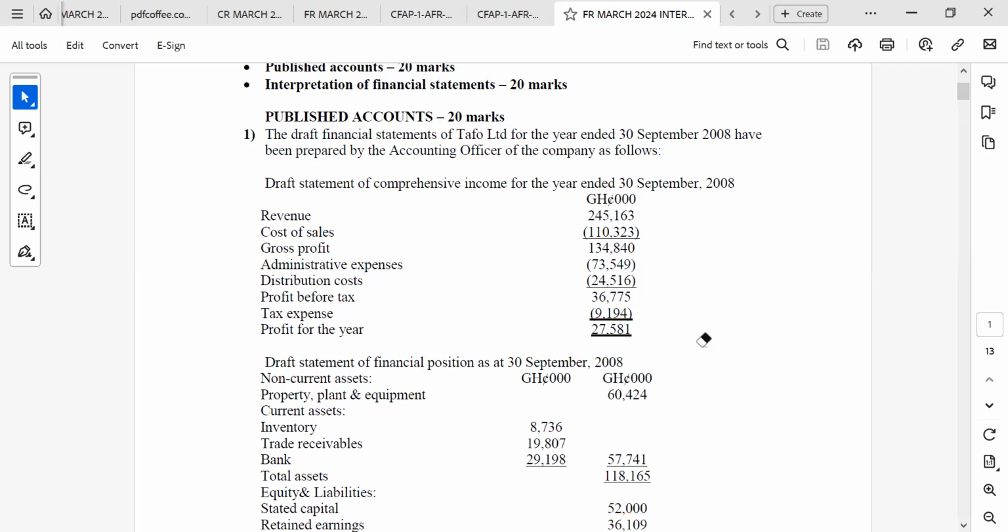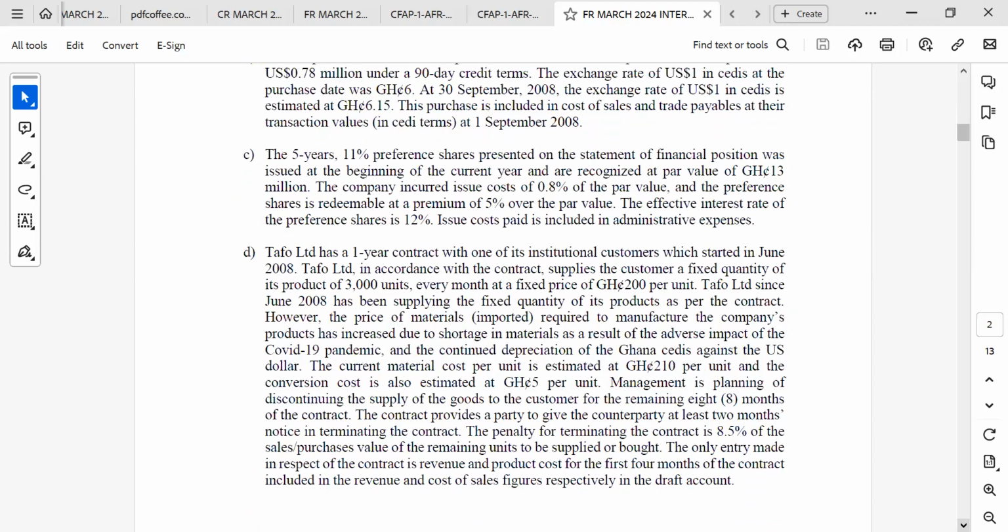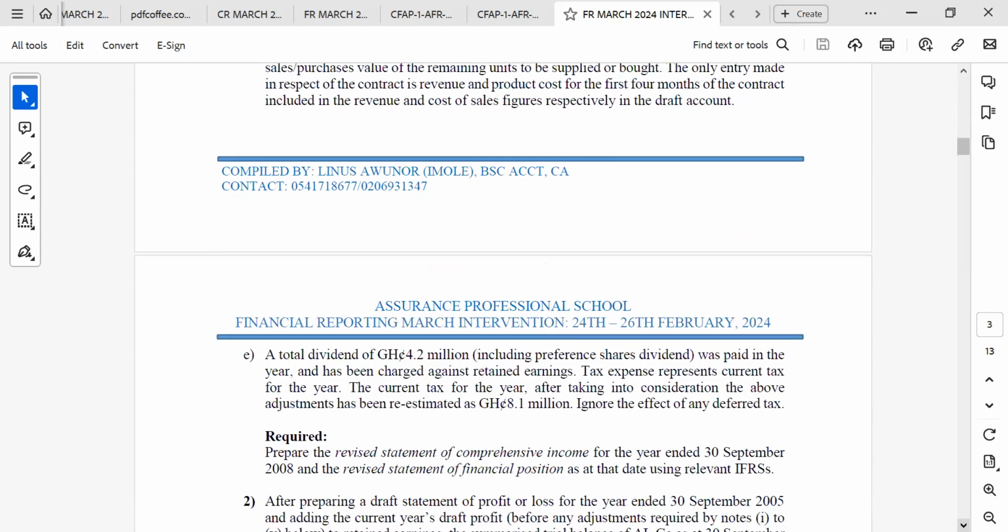What was the total dividend subtracted? Let's look at that particular footnote. Let's look at the last footnote. It says a total dividend of 4,200, which is 4.2 million, including preference dividend, was paid in the year and has been charged against what? Retained earnings. Which of the dividends should be charged against the retained earnings?